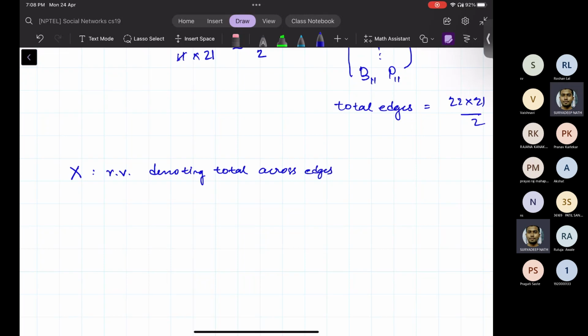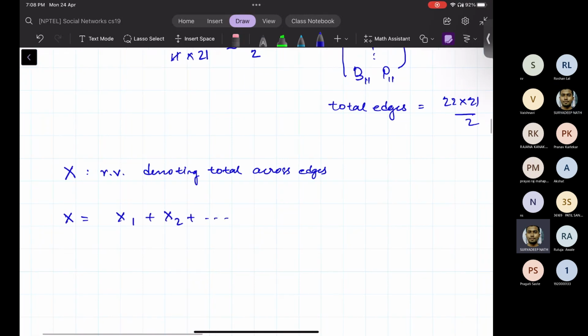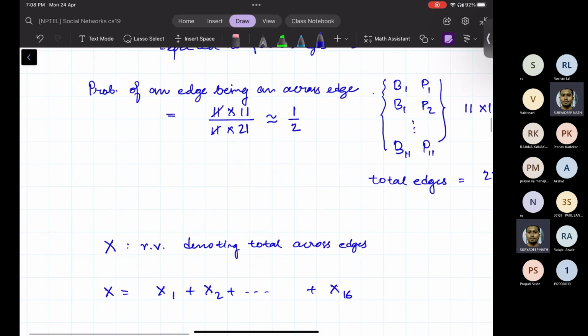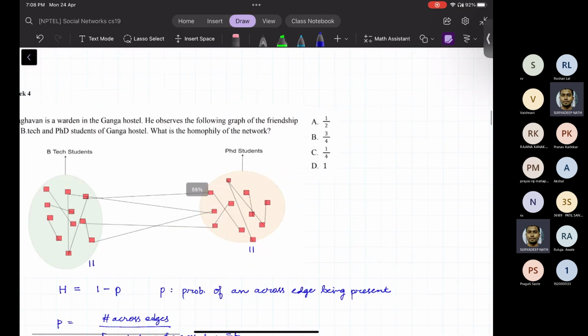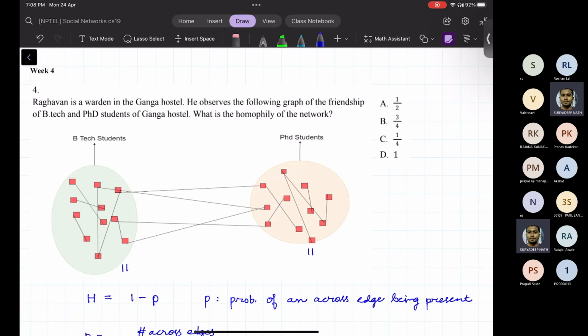So X is the sum of x1 plus x2 plus up to x16. Why 16? I'm explaining. So you observe in this graph that is given, there are a total of 16 edges drawn in this graph.